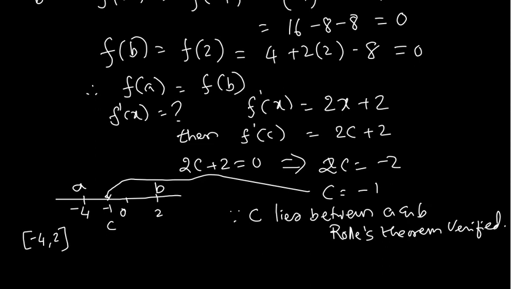Okay, so what is this square bracket x? Square bracket x is called the greatest integer function.